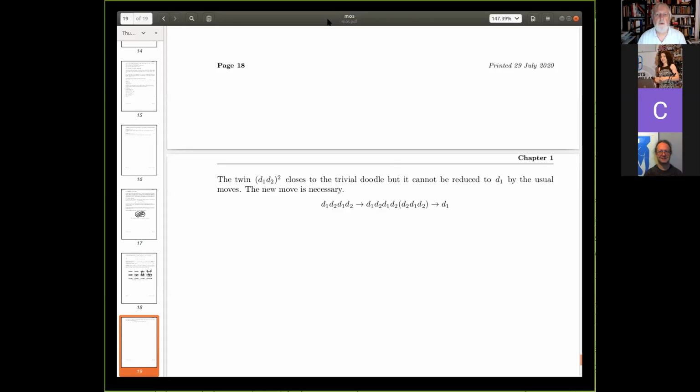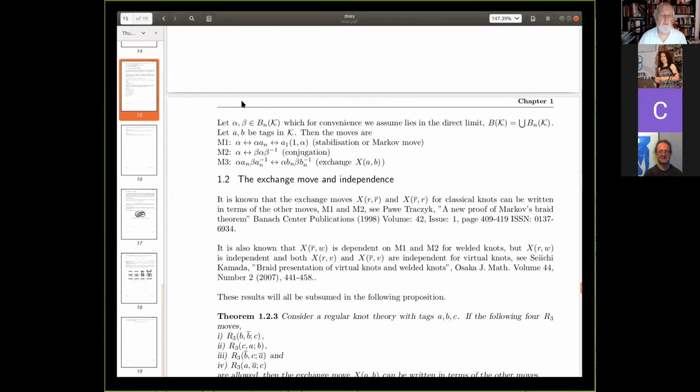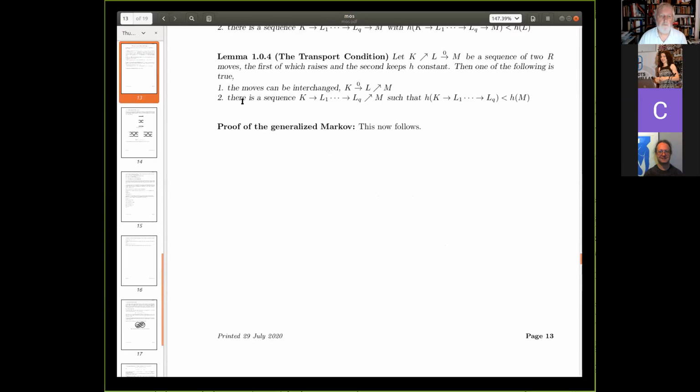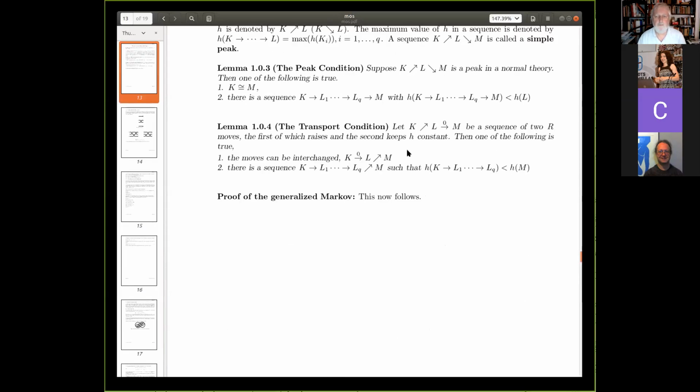So just where the transport condition is defined. Okay. This one? Yeah. So why isn't the original three-term sequence KLM an instance of the second type?